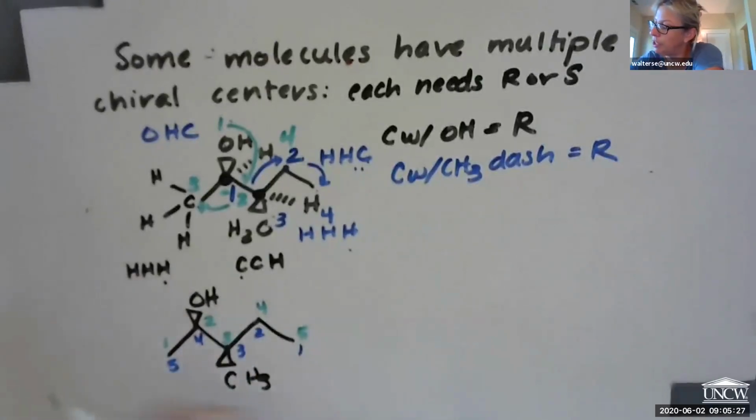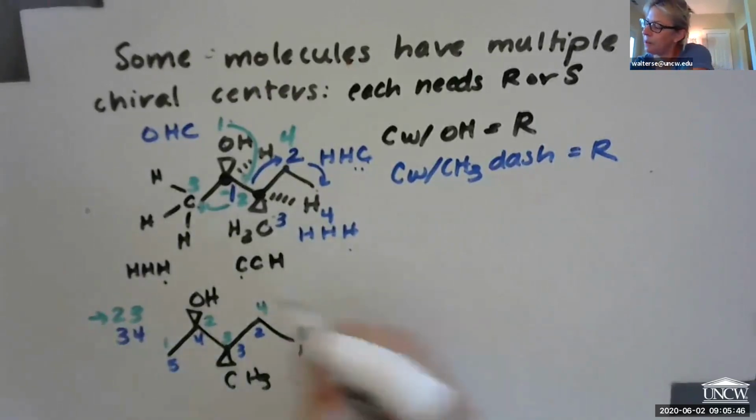The green numbers are 2 and 3. The blue numbers are 3 and 4. So the green numbers give you the lowest locants for the substituents off the chain.